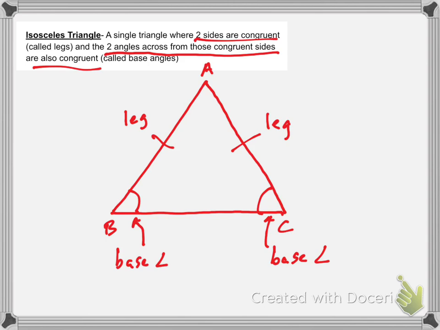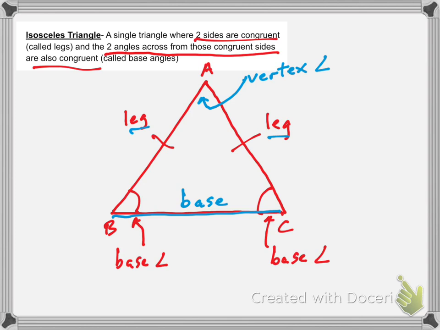Now, you're probably like, okay, well, that's great, but what about the base? Well, if these two sides are legs, this is the base. Now, these two angles at the bottom are base angles. Well, what does that mean for this angle right here? Well, that's called the vertex angle. So that's the angle that's not congruent.